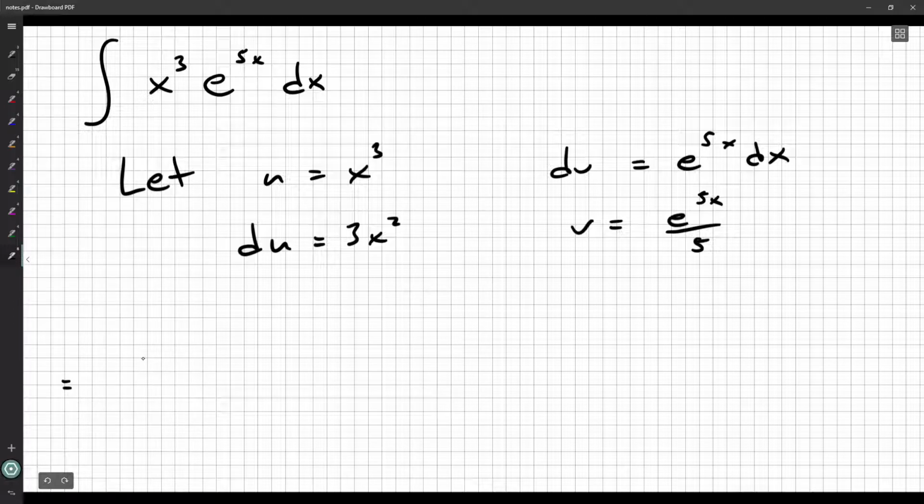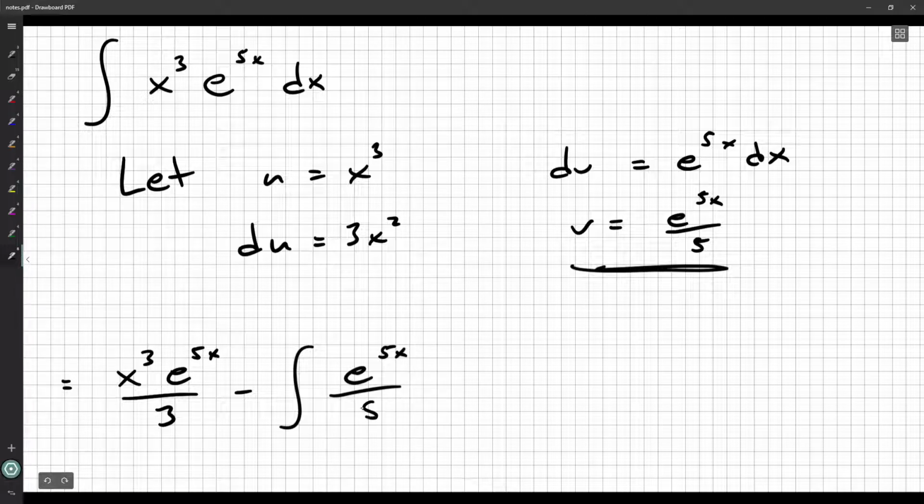So integration by parts says you take your u, you take your v, and then minus, and we trade one integral for another. So we haven't actually solved the problem, but now it's v times your du, and I guess there should be a dx here. Now, what could we do?